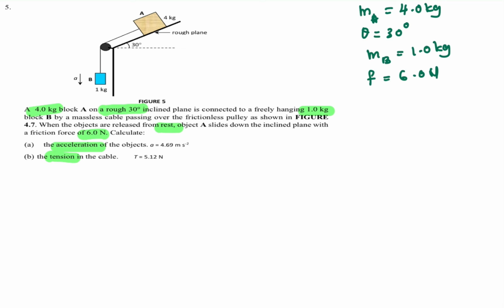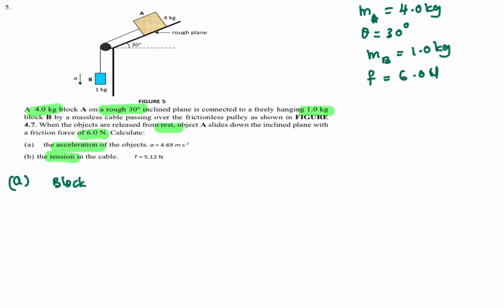Okay, so draw a free body diagram for block B.